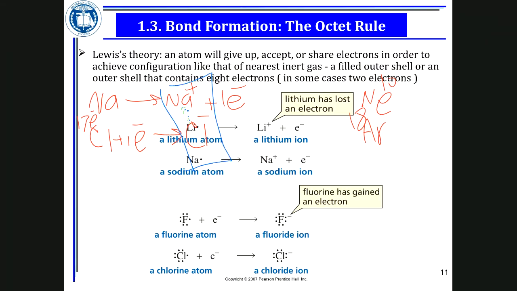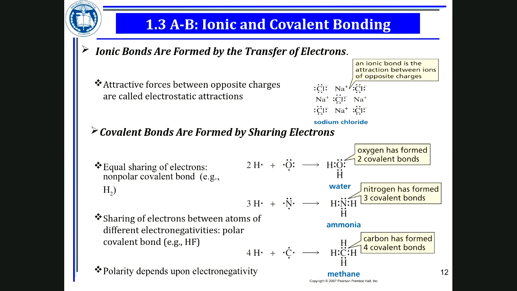That's why it's called ionic bonding. That means the bond between ions with opposite charges. So sodium with chlorine, or potassium with chlorine, or any metal with non-metal is going to form ionic bonding.